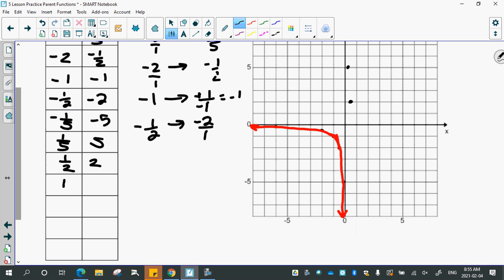If I put 1 in, I get 1 out. If I put 2 in, I get 1 over 2 out. And if I put 5 in, I get 1 over 5 out.